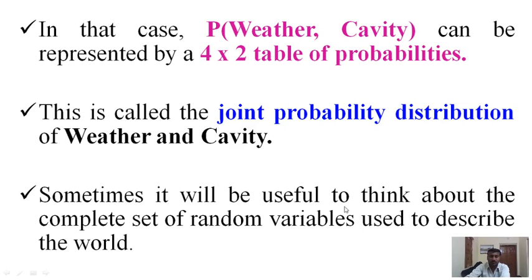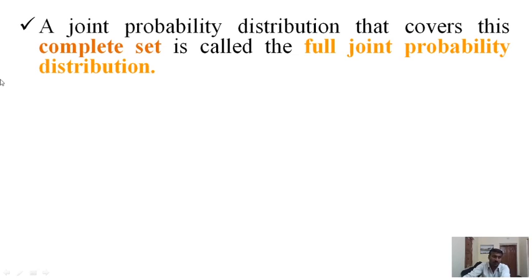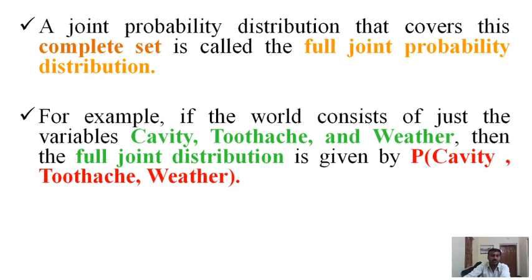Sometimes it is useful to think about the complete set of random variables used to describe the world. If the joint probability distribution covers the complete set, then it is called the full joint probability distribution.